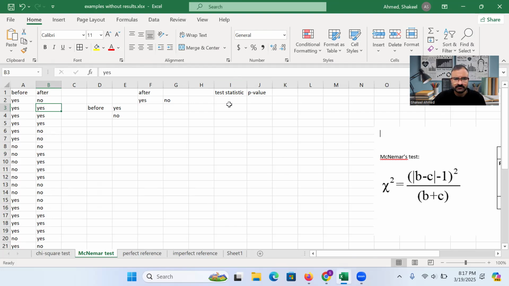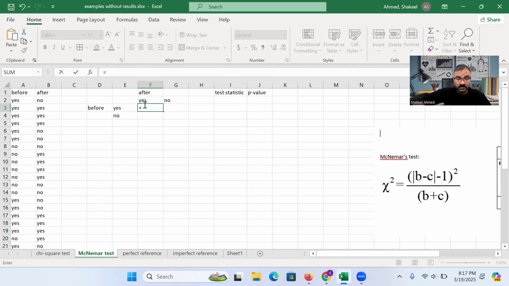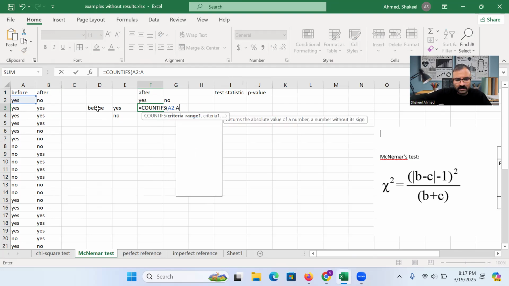So let's check. We can again find the counts using the COUNTIF command as we did in the previous lecture. We need to set the criteria range, that is A2 to A38. We have 38 observations, 37 observations.